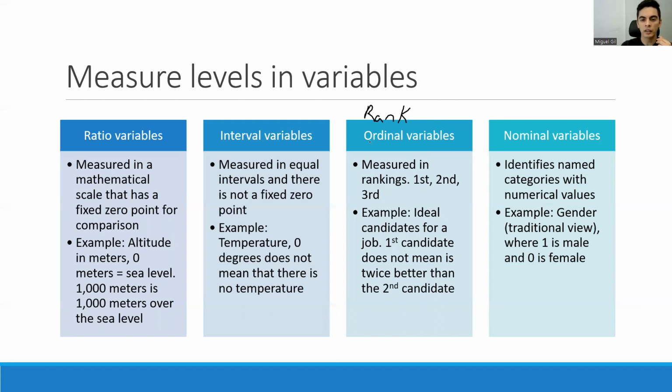But this ordinal thing is also important because I am one, the other is two, and there is three. But that doesn't mean that Juan is twice as young as me and that Jose is 3 times younger than me. No, it's not like that. It's just that maybe I am 1 day older than Juan and Juan is 10 years older than Jose, but the rank is only 1, 2, and 3. Maybe me and Juan were almost the same, right?